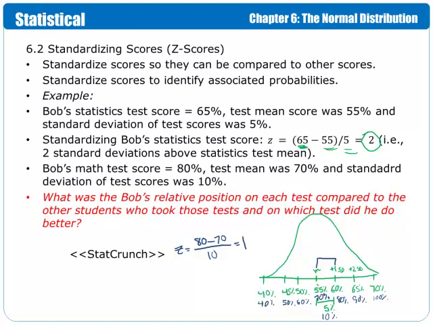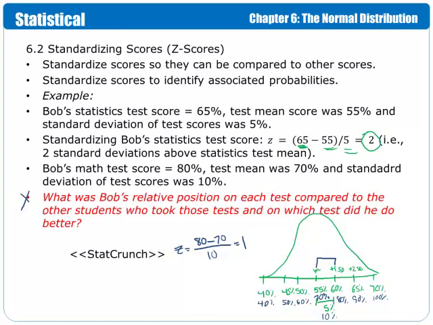So what it does is it gives us an indication of Bob's relative placement on each of these test scores relative to the other students in the class who took that same test. So the question asks, what was Bob's relative position on each test compared to the other students who took those tests, and on which test did he do better?